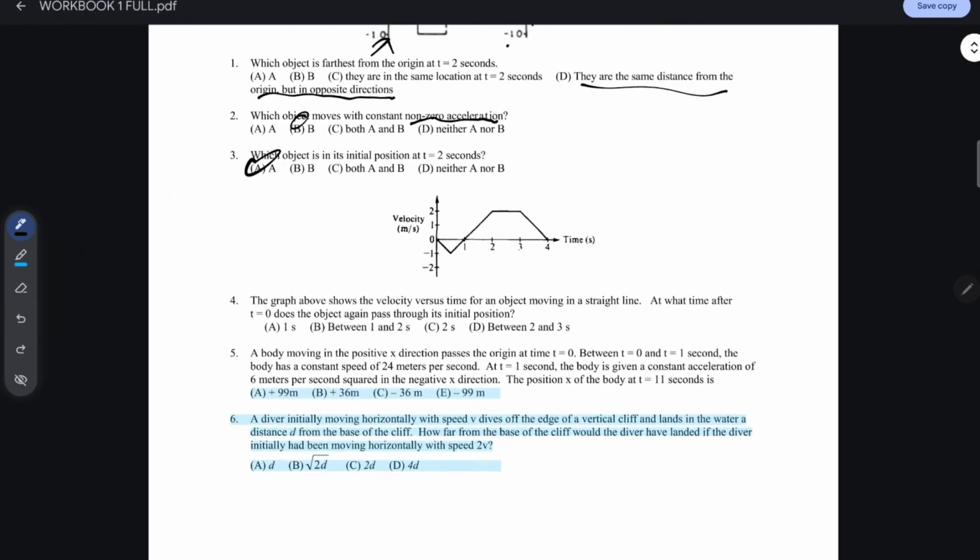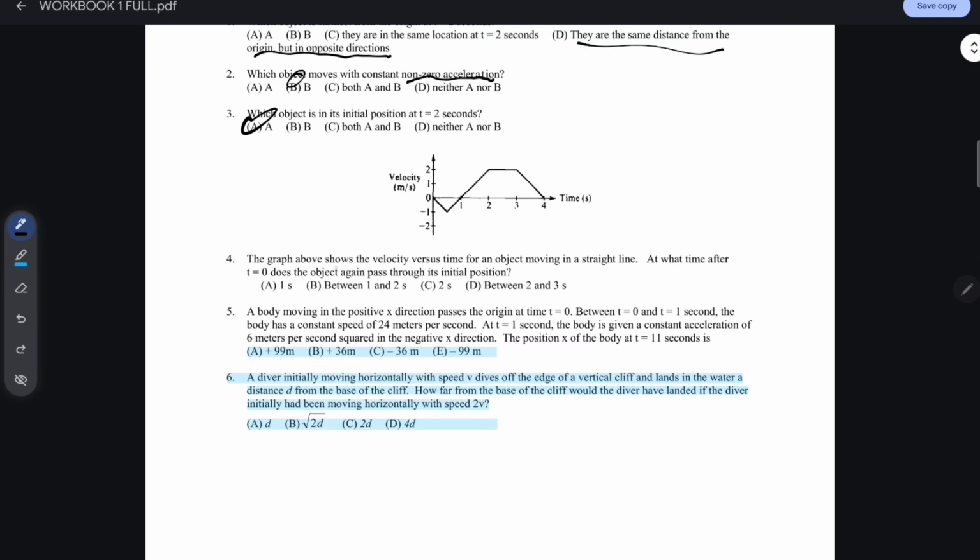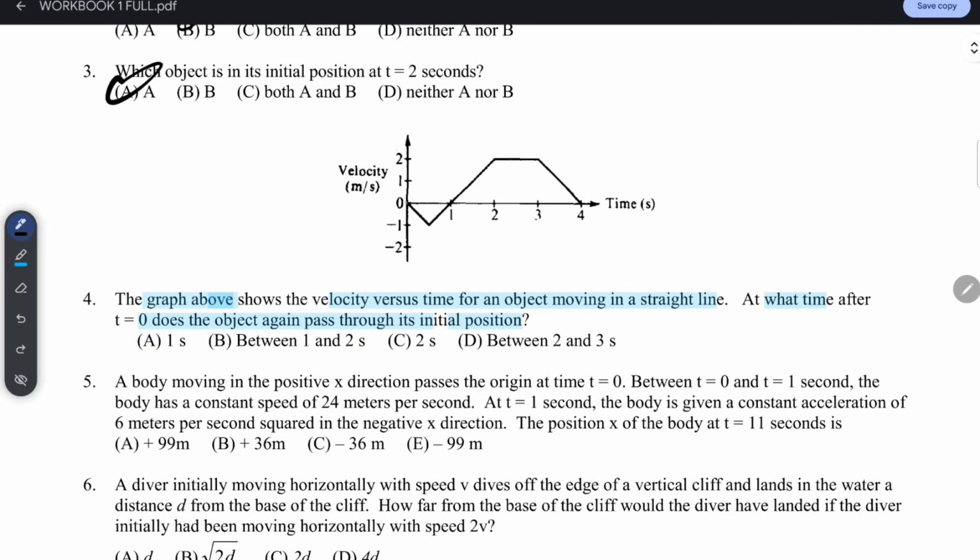Now on this one, let's see. The graph above shows the velocity versus time graph of an object moving in a straight line. At what time does the object pass through its initial position? So we look.